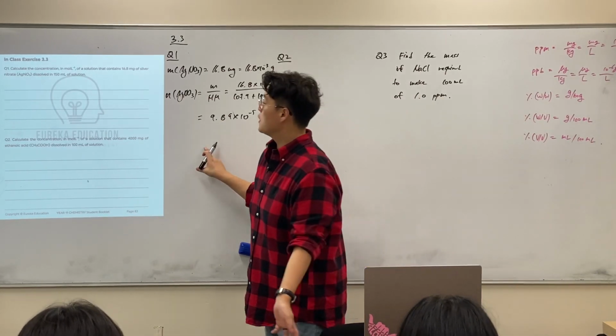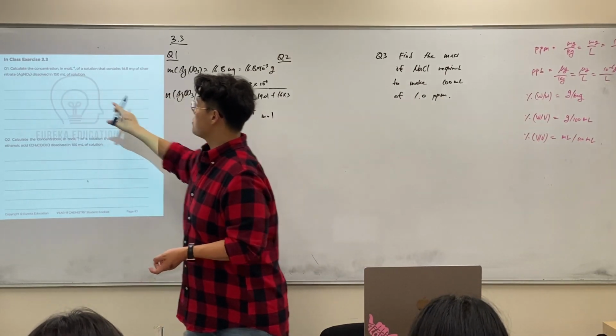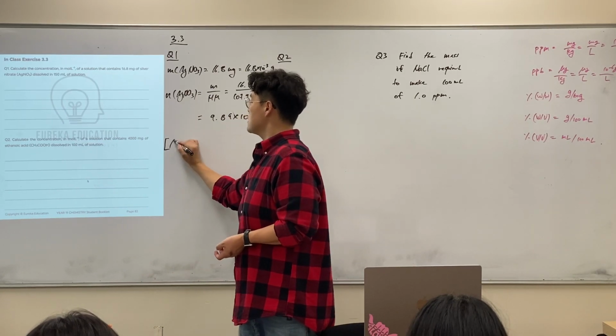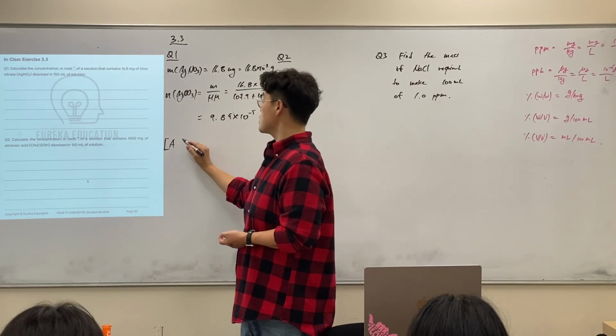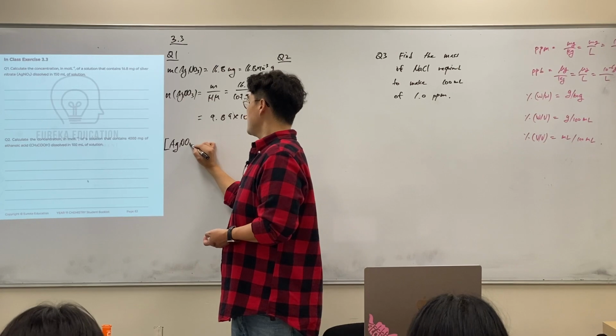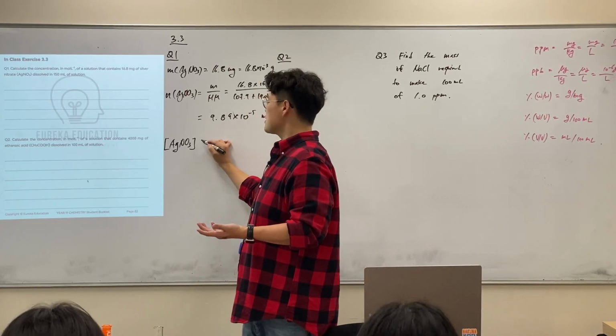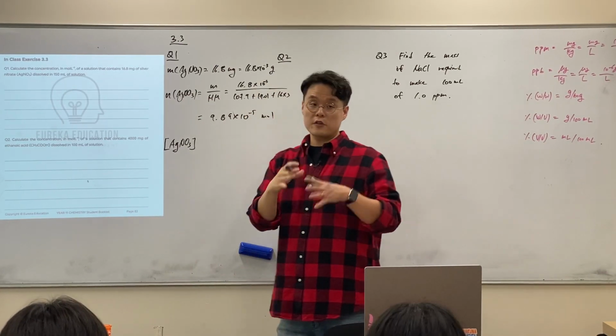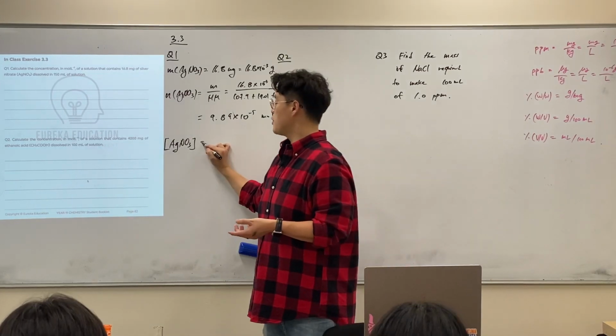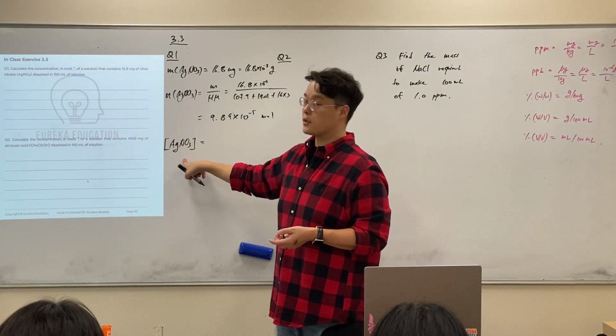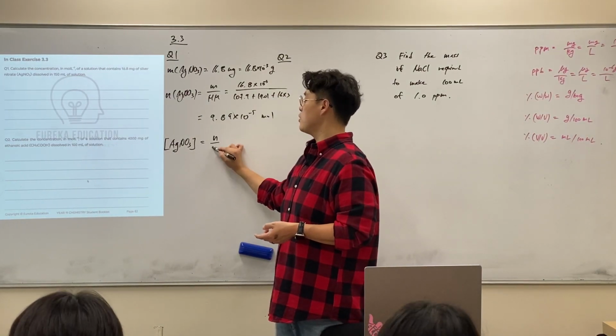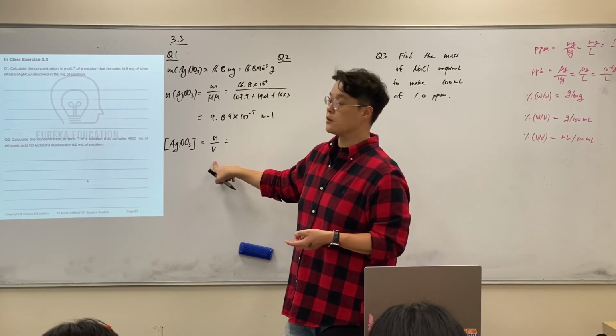All right, from here, as we need to find the concentration in mole per liter, this is the symbol you must use, the concentration of the silver nitrate. Yes, you can use C for the general concentration formula, but prefer to show the molar concentration like this. Make sure you show the n over V in your working out. That's important.